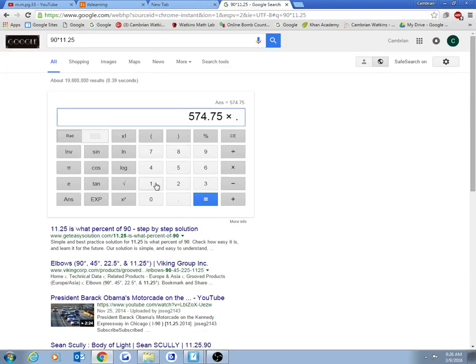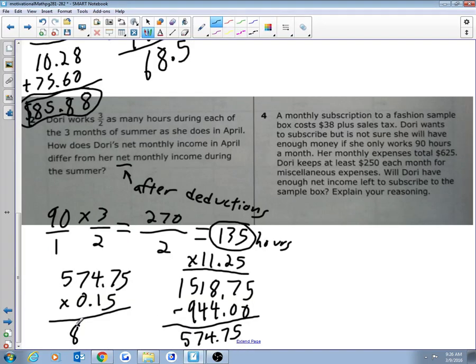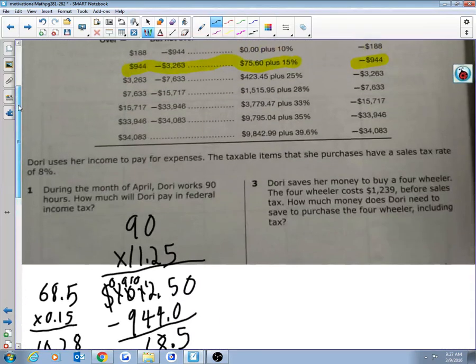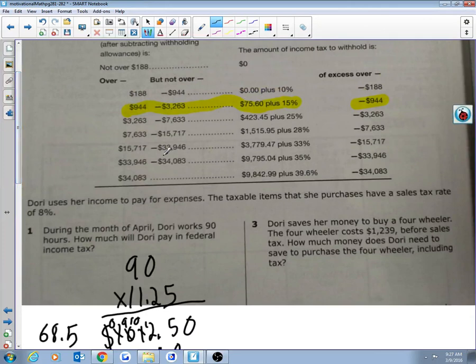Times 0.15 equals $86.21. So $86.21 is 15% of the excess of $944. But we're not done. We now got to add this on because it's 15% of the excess plus $75.60.